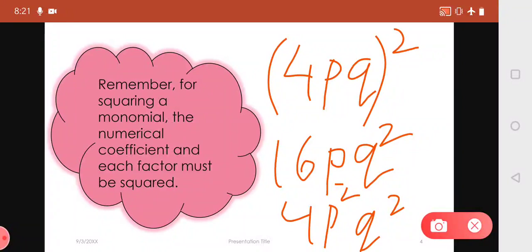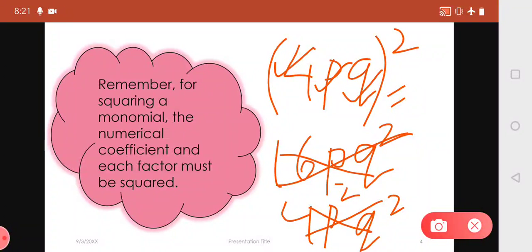They forget to square each and every part of the given monomial, but these both are wrong. The right answer is you have to square 4 also, you have to square p also, and you have to square q also. So we will get 16p square q square. So for squaring a monomial, the numerical coefficient and each factor must be squared. Each and every factor must be squared separately.